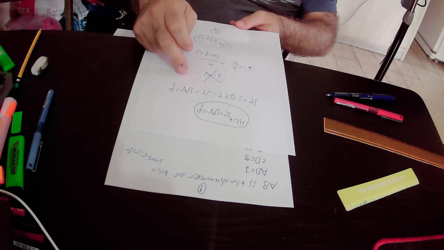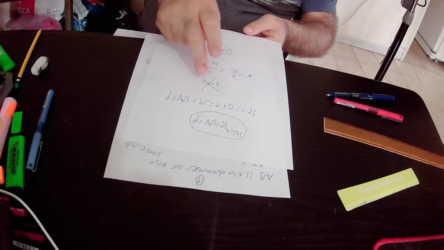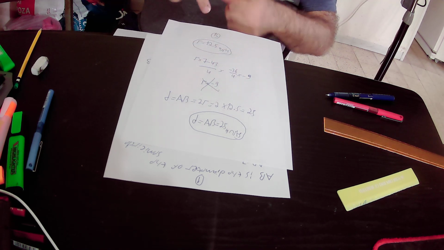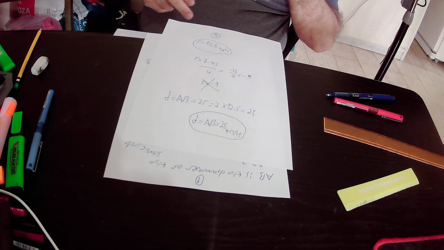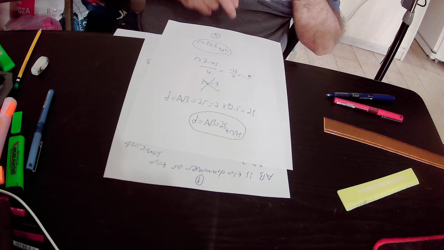So the diameter AB is 2 times the radius, 2 times 12.5 units, that is 25 units.